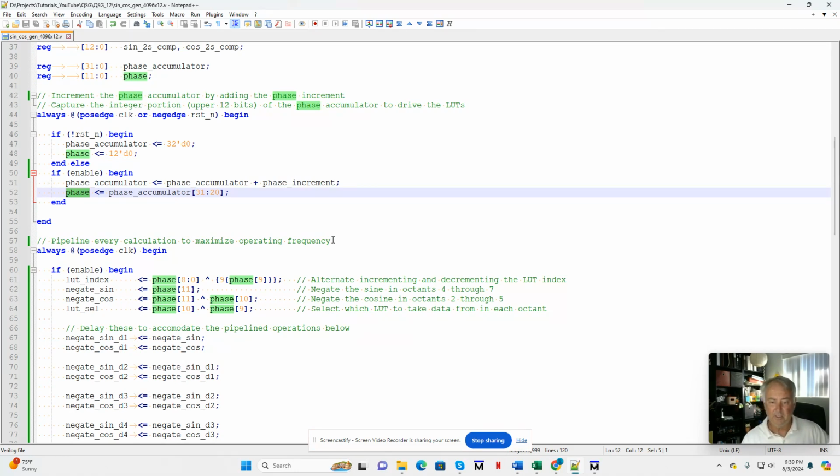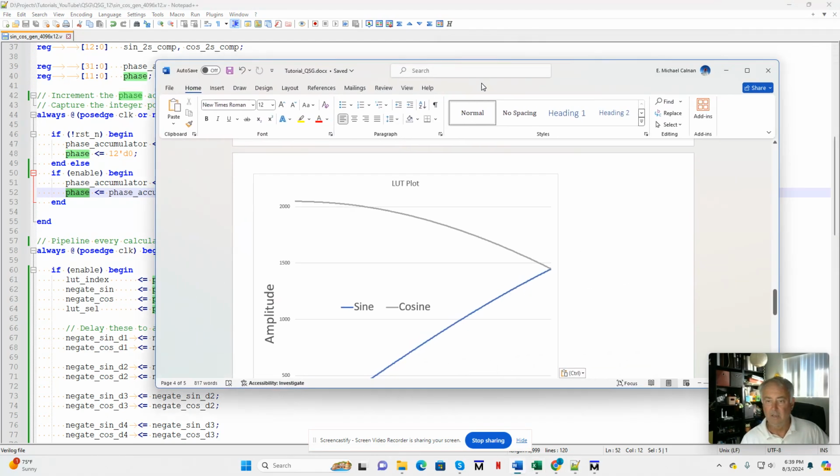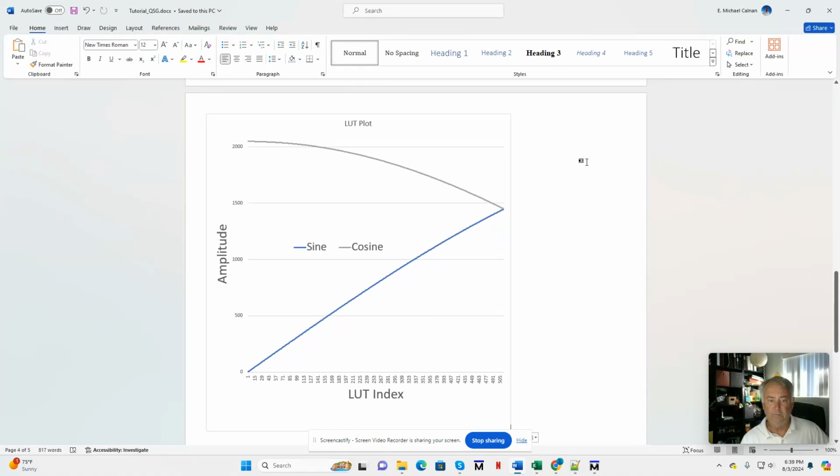So the magic to this implementation is in the lookup table or lookup tables. What we are going to do is create lookup tables that contain the first 45 degrees of a sine in one table and the first 45 degrees of a cosine in the other table.